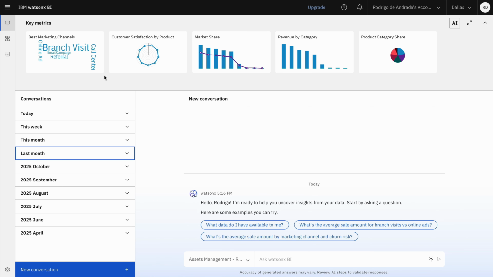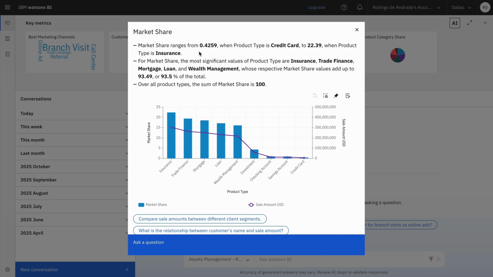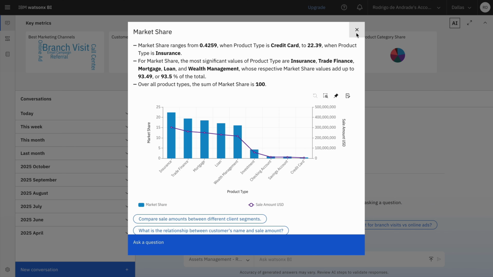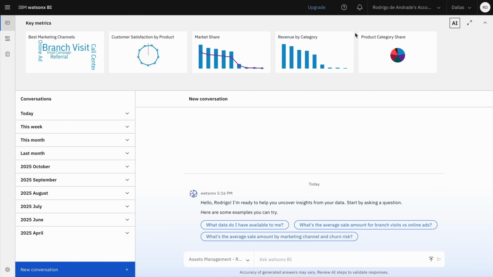If I click on one of these metrics, I will have an augmented vision of it. I can interact with these metrics. I have suggestions of questions that I can ask specifically about them, so really narrowing down, or I can just close and start to ask.